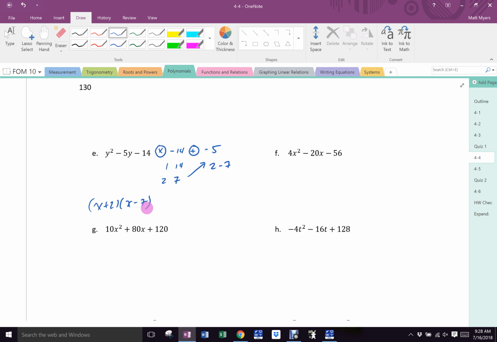But we know from this page what we're supposed to do, yes? Right? So we go back to where we were, and we see, I don't like that 4 there. I want to get rid of it. The only way to get rid of something times 4 is divide by 4, right? And then we check, does that work all the way across? Does 20 divide by 4? Yup. Does 56 divide by 4? Yup. So we can get a 4 out of there.